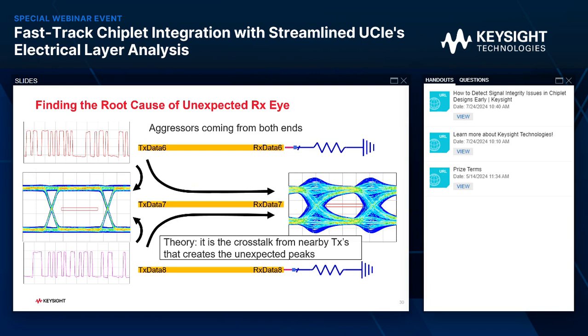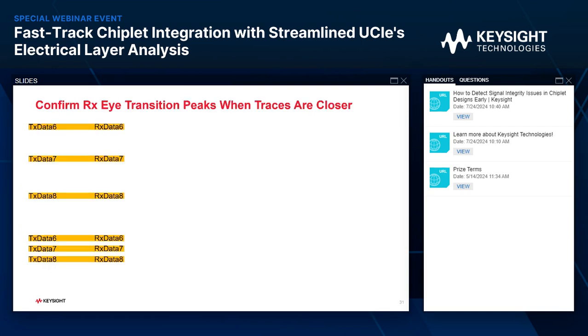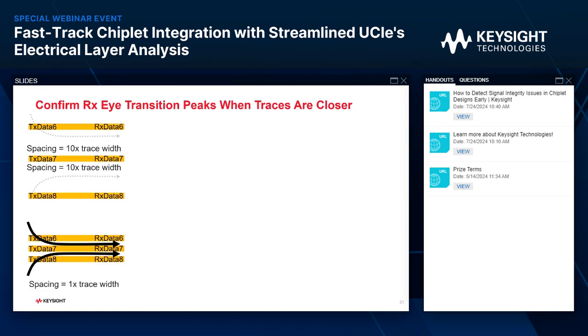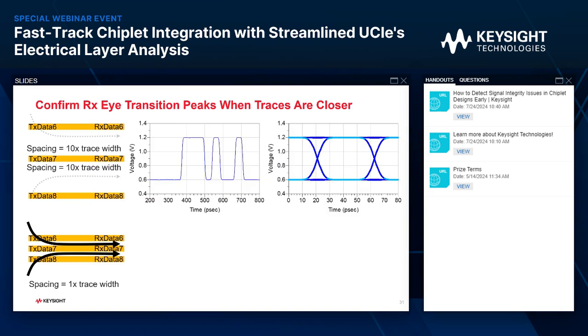How do we test this theory? Let's do the same thing as we've done before, where we have the traces far apart, where they are 10 trace width apart. Then we bring them in, where the spacing is now only 1 trace width. The far apart we expect to be really clean, and as expected, very clean. Now when they are close, we should see something different.